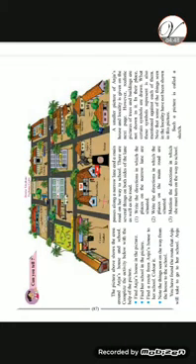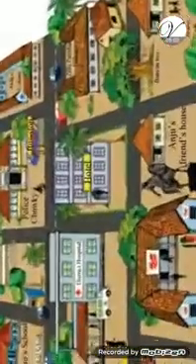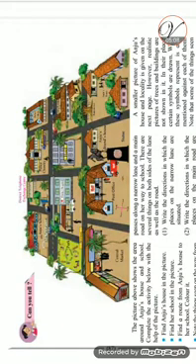Then find a route from Anju's house to her school and color it. You can find the route easily, from Anju's house to her school. See here. Note the things seen on the way from the house to the school.